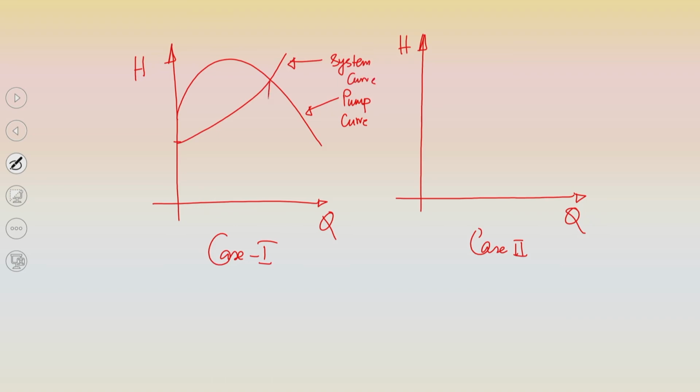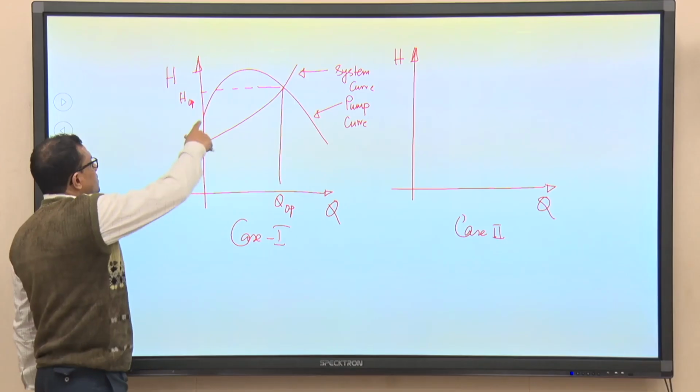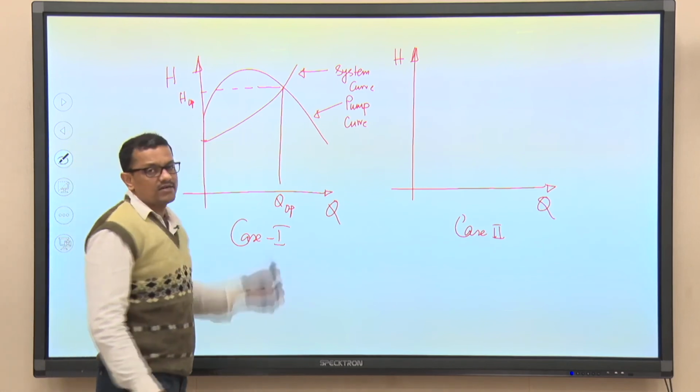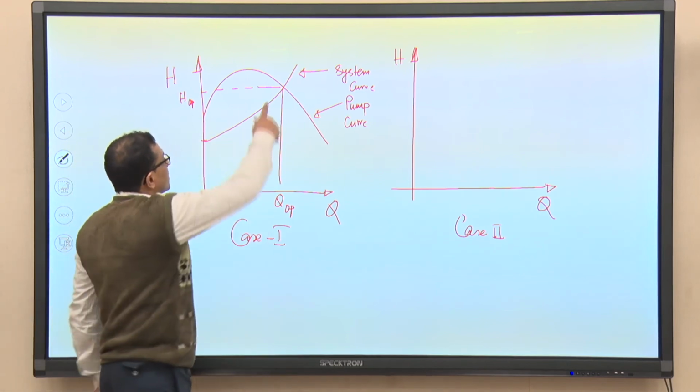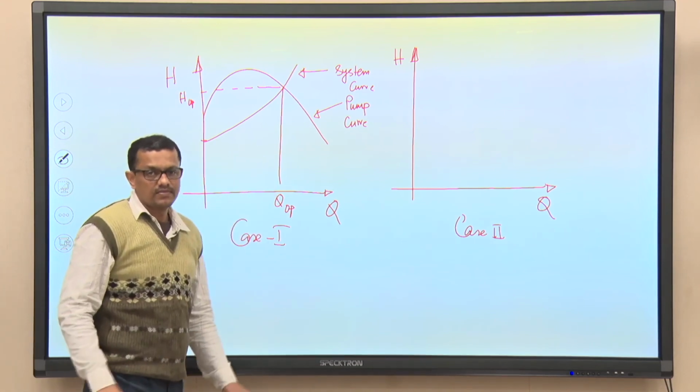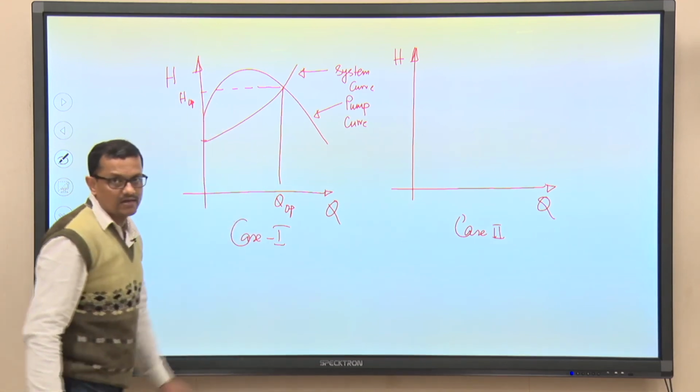You can see this is the operating point, Q operating, and this is H operating. See, it is not advisable because this is again higher than the shut off head. So, the pump cannot deliver, you can see the head is not obtainable from this pump, that is above the shut off head.